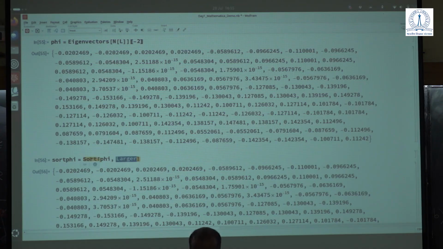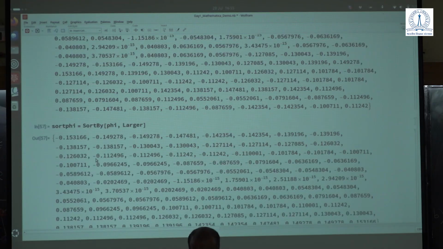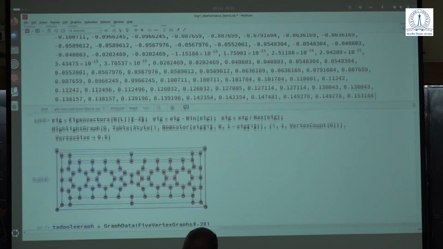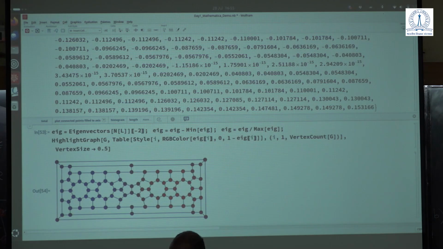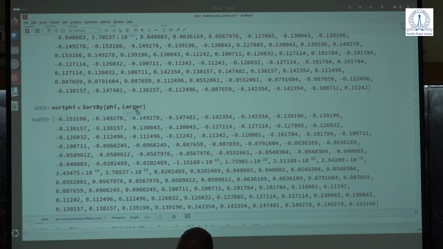Or sort by. We wanted it in decreasing, it doesn't matter, increasing or decreasing. And now I have to look at the indices. Yeah, you have to remember the indices.